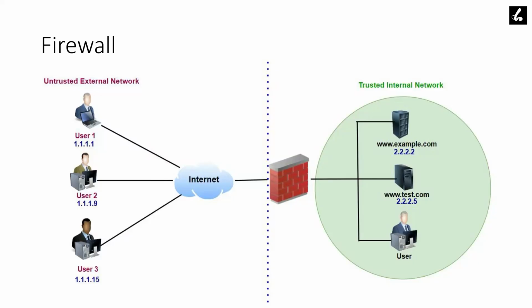For example, this user is allowed to browse some internet websites, but if they try to send an Outlook mail, the firewall will say this is a public network and you're not allowed to send mail from your private network to the public network, so it will deny. So it's not only based on layer 3 and layer 4; it also checks the layer 7 application.